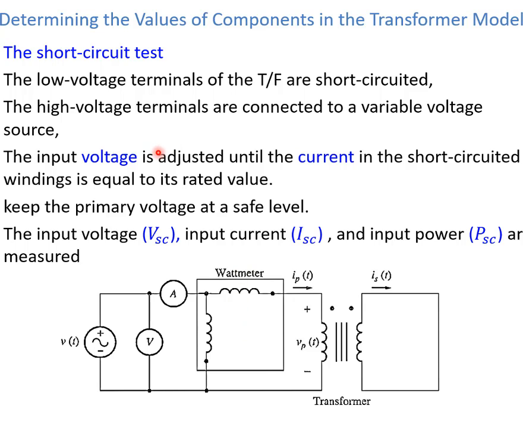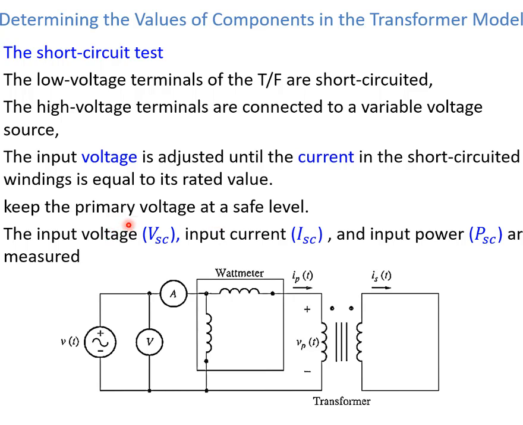The input voltage is adjusted until the current in the short circuited winding is equal to its rated value. So we will slowly increase this voltage so that the current flowing on the secondary side, the short circuited side, should be equal to its rated value, keeping the primary voltage at a safe level.